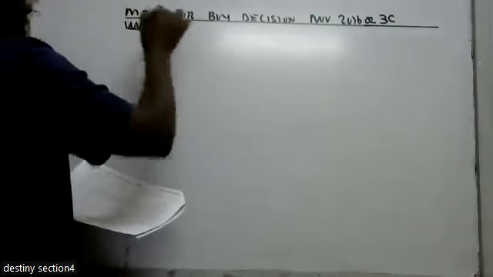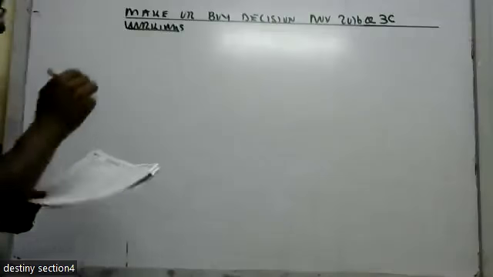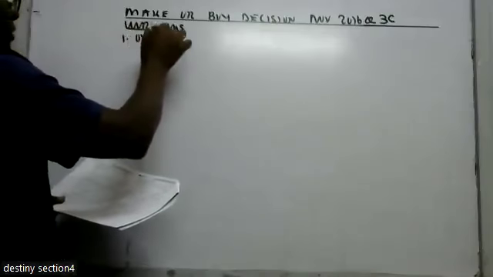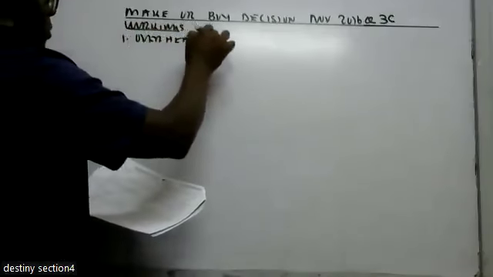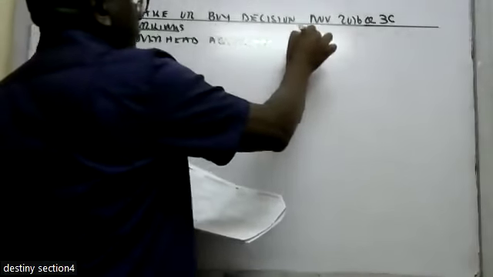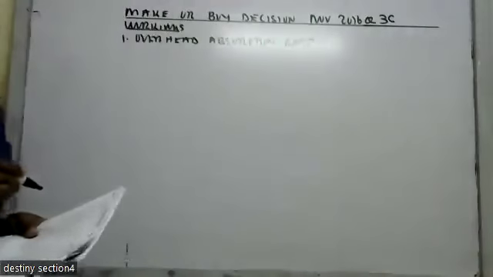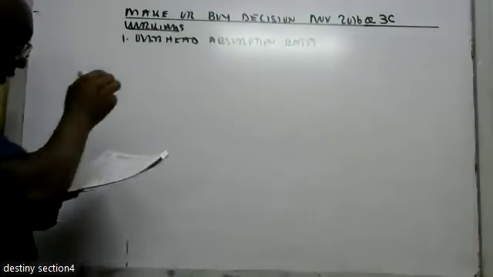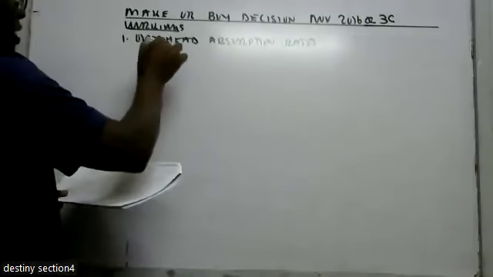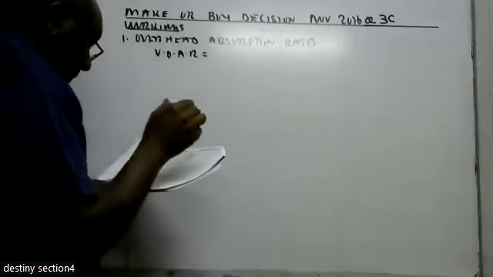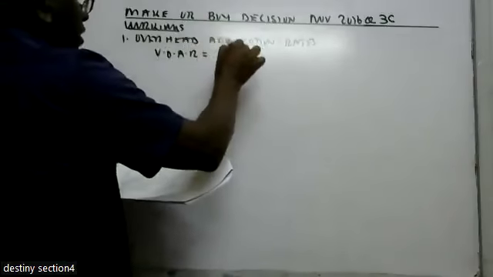So the workings. One, overhead absorption rates. I'm just going to remind you. If you get the variable overhead absorption rate, you take the variable overheads, which are 6,400.